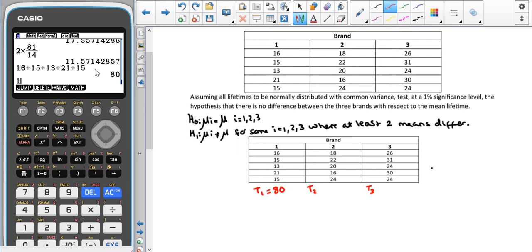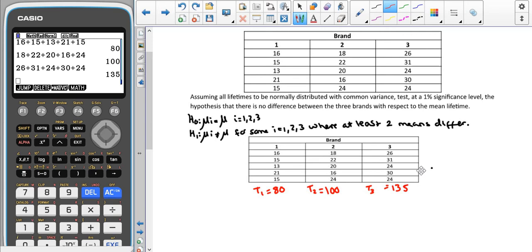Then I'm going to have 18 plus 22 plus 20 plus 16 plus 24, which will give me 100. And then I'm going to have 26 plus 31 plus 24 plus 30 plus 24, and that gives me 135.